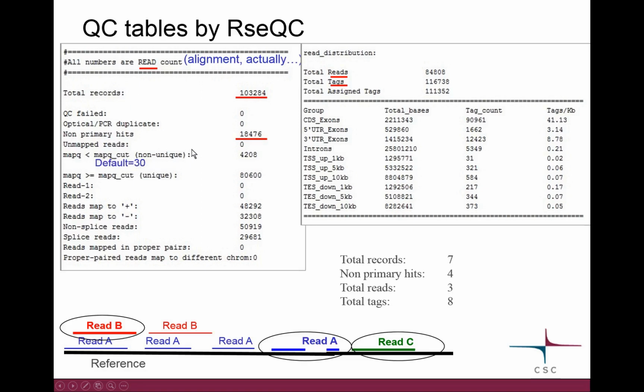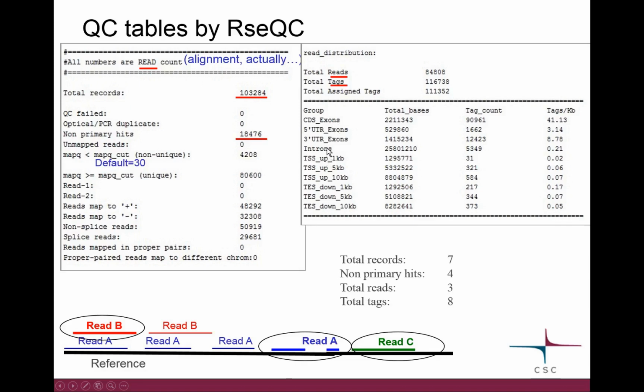Then the file continues, and you have total reads and total tags, and then numbers for how these reads and alignments are divided into different locations in the genome, whether they are in the exon area or in the intron and so on.